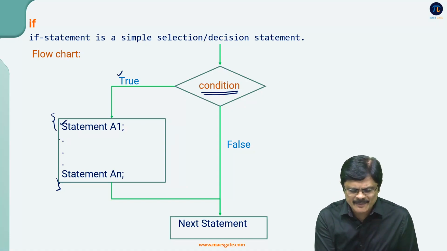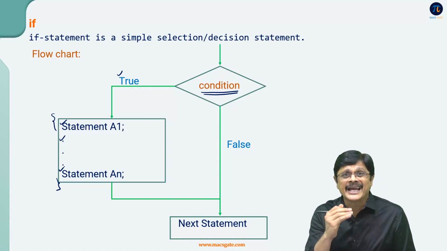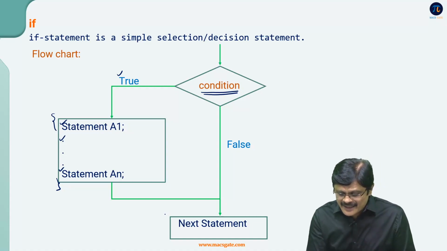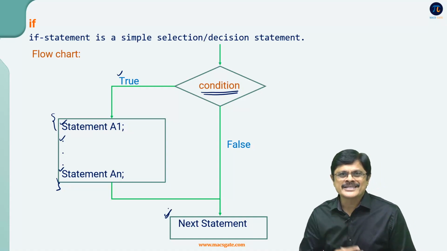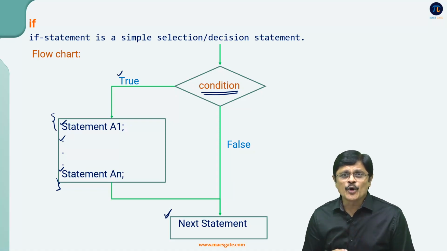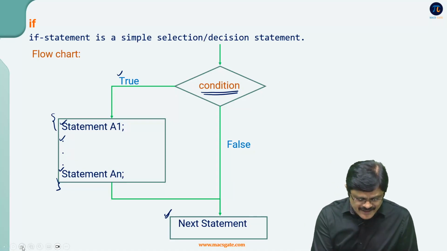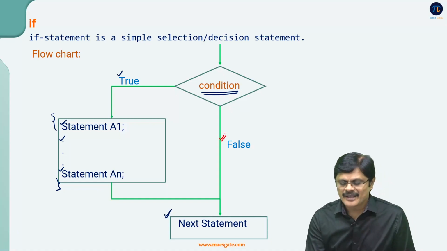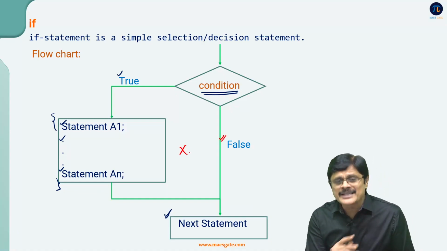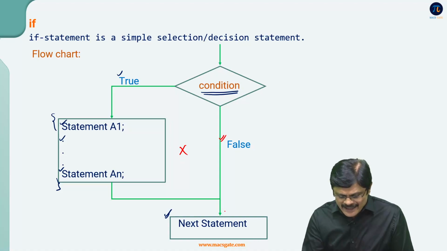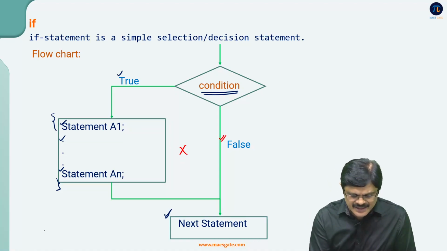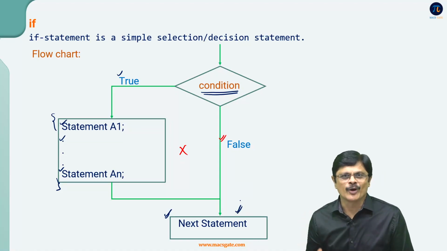That is, all the statements under this if block are executed. Then the next statement after the block is executed. Suppose the condition is false, then this if block is completely ignored, and we directly move to the next statement after the if block.